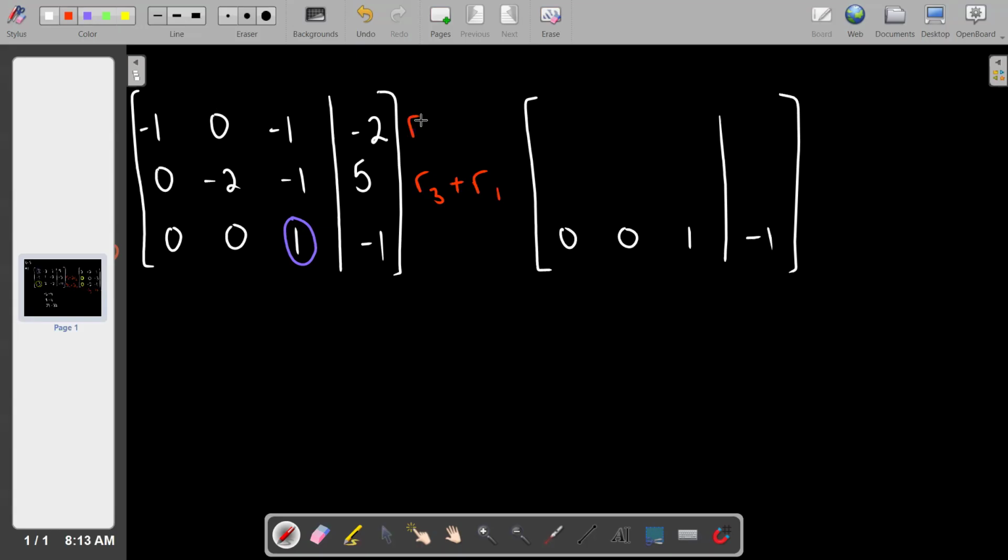Yeah. Again, I like to do my worker B first when given the choice. So I'm going to do R3 plus R1. It just feels more solid to me to start with my worker B when I can. This will do it. And I didn't mean to write row 3 plus row 1. I meant to write row 3 plus row 2.